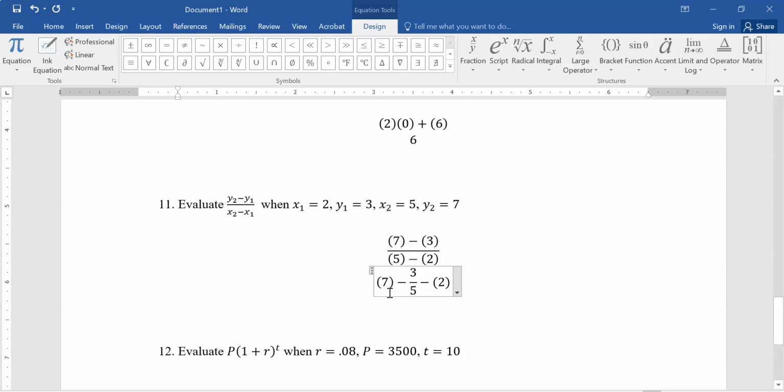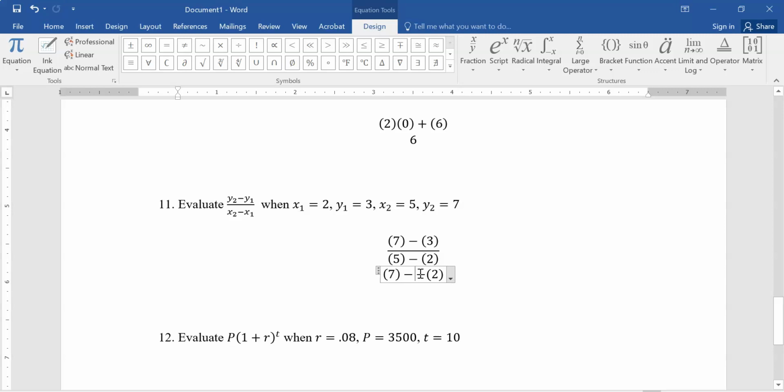It would have thought you meant take 7 minus 3/5 minus 2. Obviously, that's not what we want. Because if I type this on my calculator, it'll think that this is the thing I do first. Remember, order of operations says do division before subtraction.